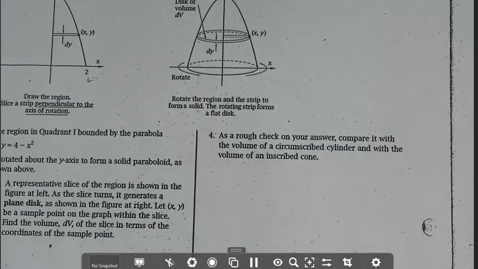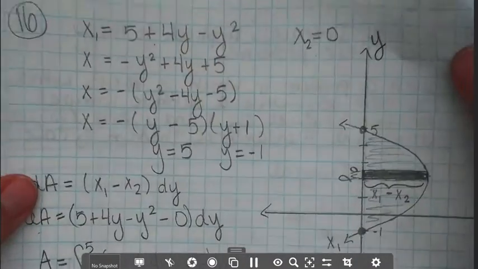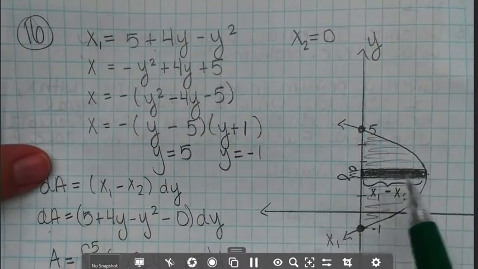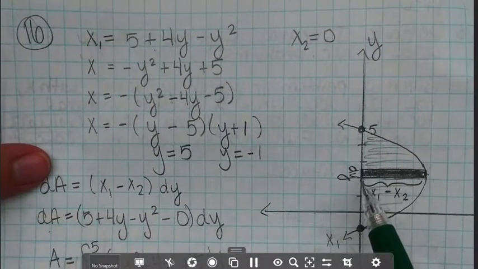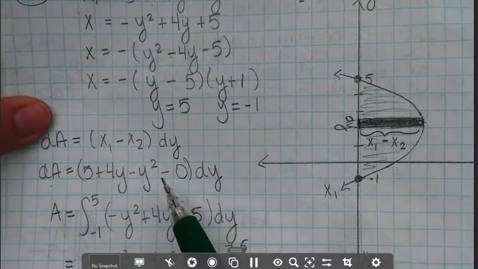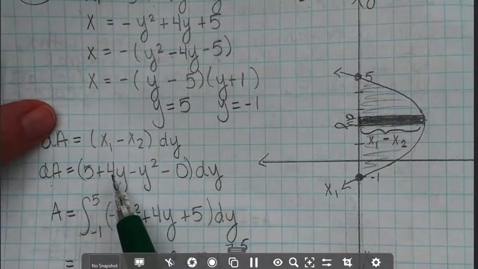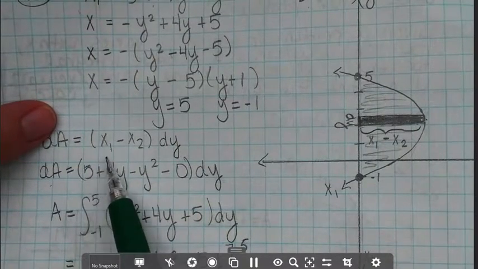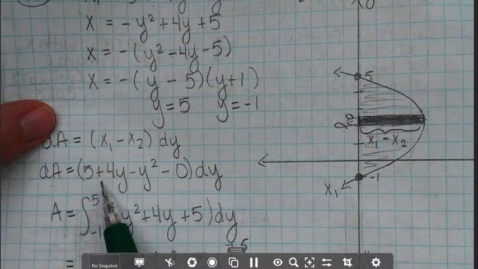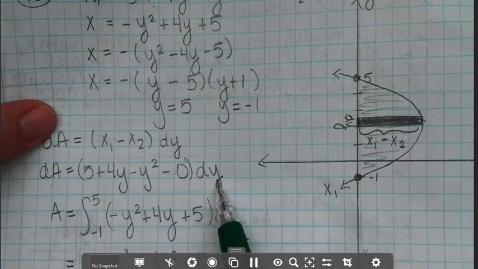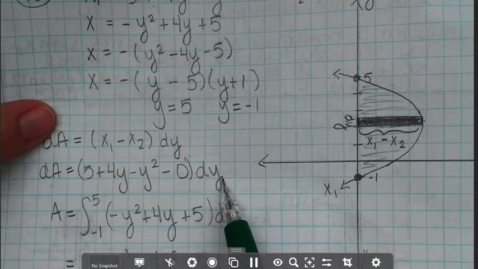Moving on, in that same lesson we did problem 16, where I drew my strip perpendicular to the y-axis. It was set up perfectly: I plugged in my functions in terms of y and then multiplied by dy. You can see the y matches the dy.